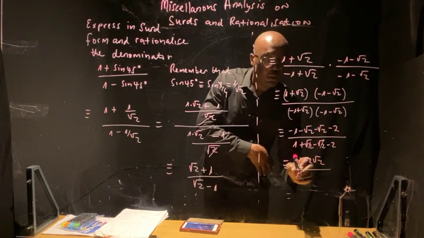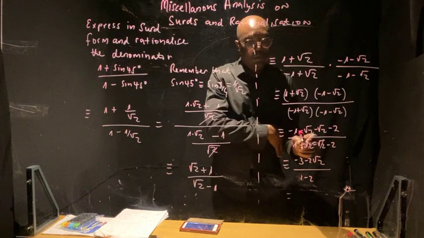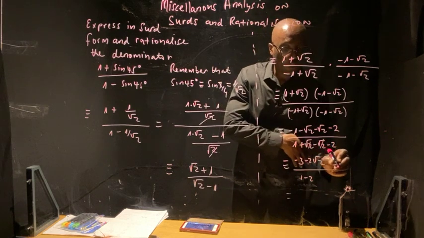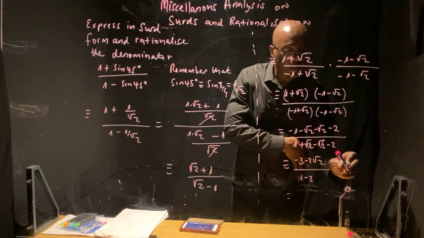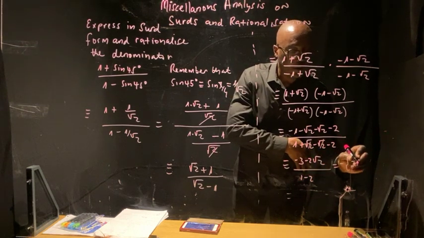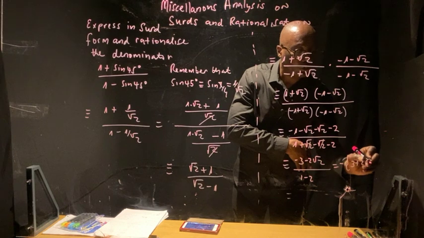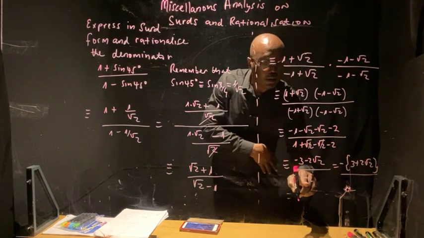Then you have 1 minus 2, which is no different from, you bring the negative outside, 3 plus 2 root 2 divided by negative 1.